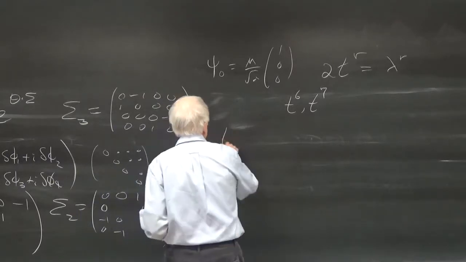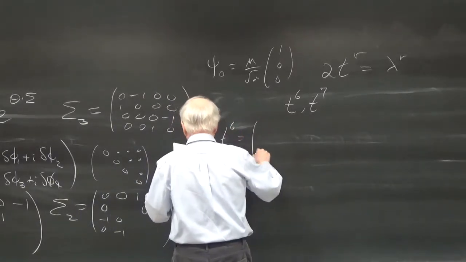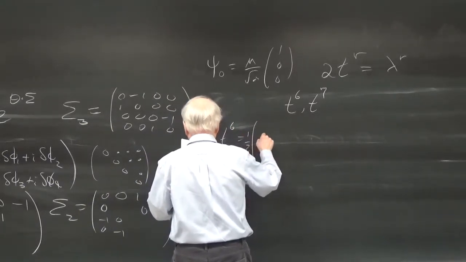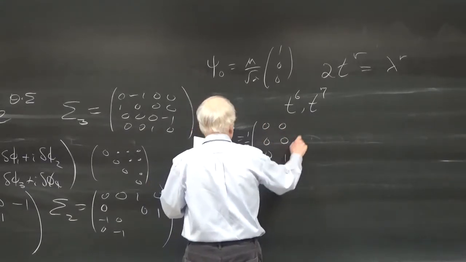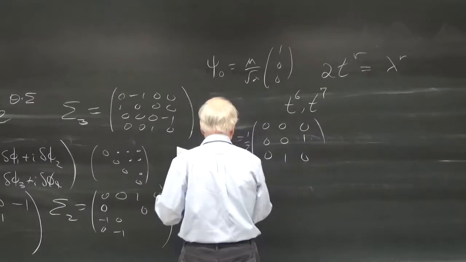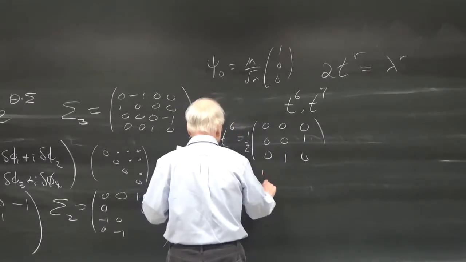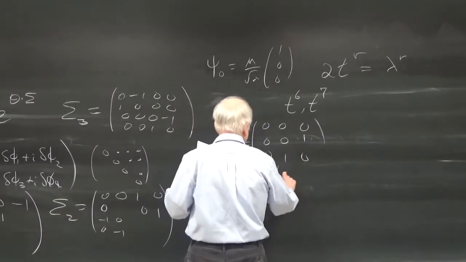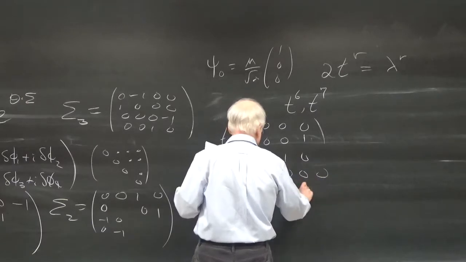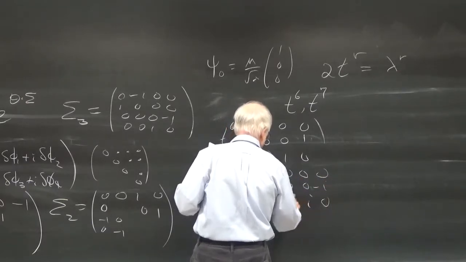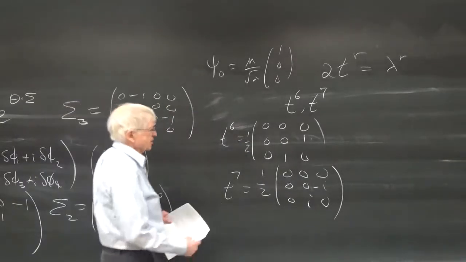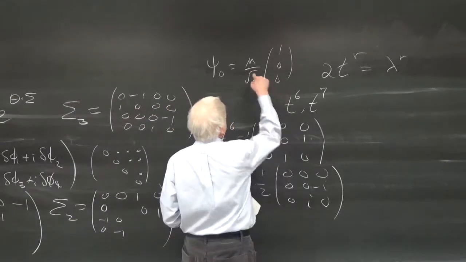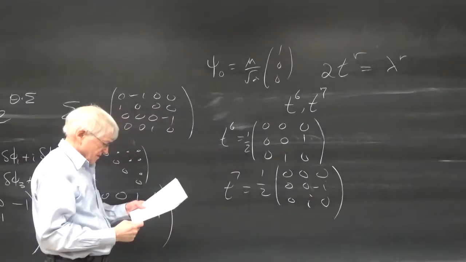T6 is a half times 0, 0, 0, 0, 0, 1, 0, 1, 0, and T7 is a half times 0, 0, 0, 0, 0, minus i, 0, i, 0. These are the 2 generators of SU3 that annihilate this vacuum vector.